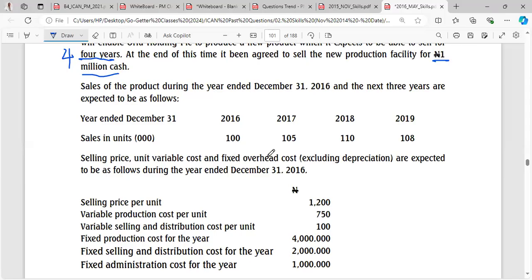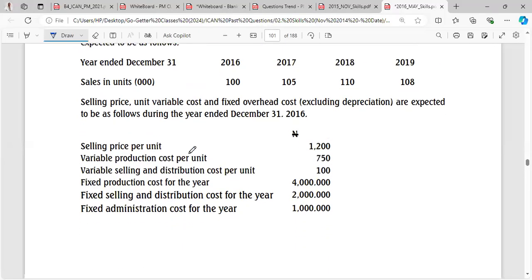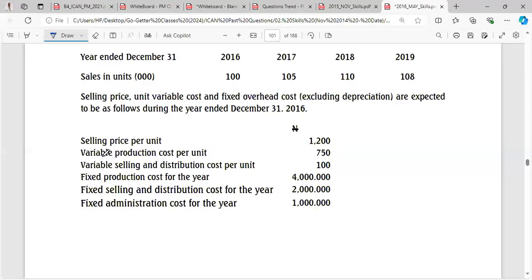Fixed overhead costs excluding depreciation are expected to be as follows during the year ended December 31st, 2016. Now look at the selling price, look at the variable cost per unit, variable selling and distribution cost, fixed production cost for the year, fixed selling and distribution cost for the year, fixed administrative cost for the year.